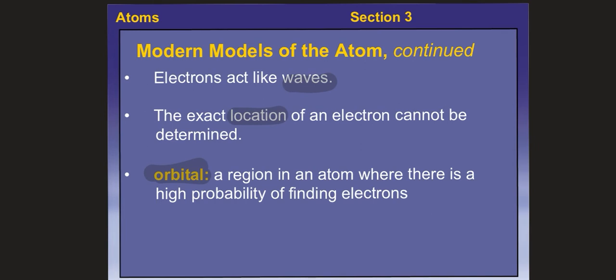So in chemistry, we like to say that electrons can act like waves, and things that travel through waves would be like light, radio waves, and things like that. So electrons can act like waves, and for that reason, the exact location of an electron cannot be determined. So we can never know the exact place an electron is located at a certain point in time. However, an orbital is a region in an atom where there is a high probability of finding electrons, so where they're usually located.